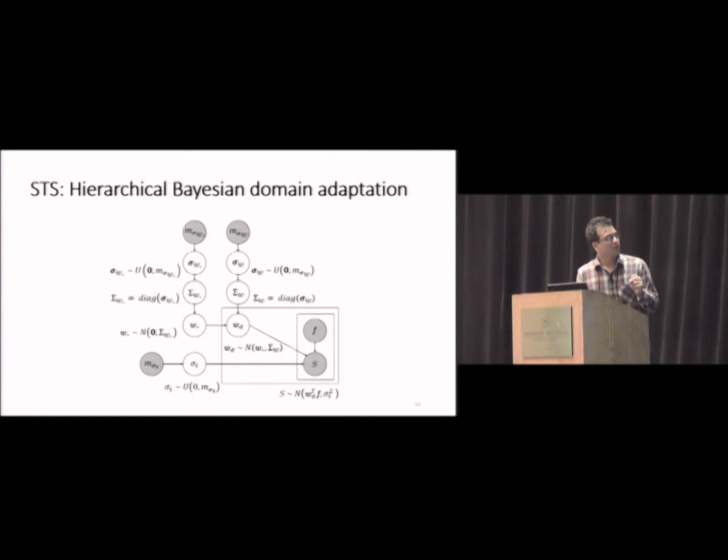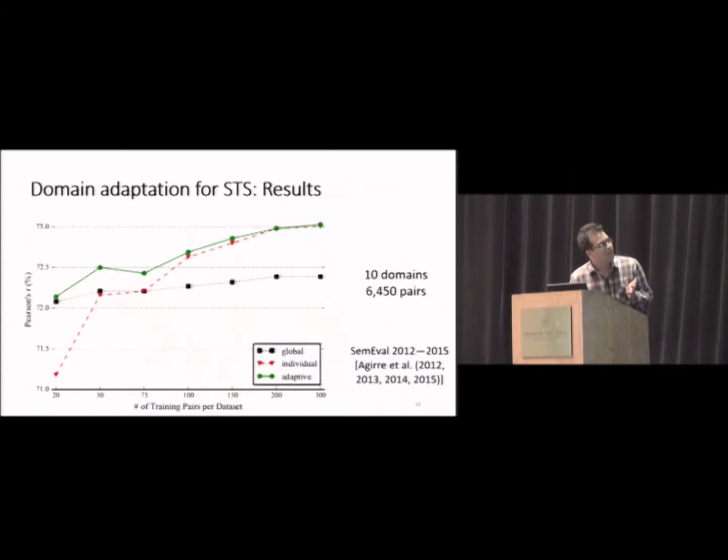Okay, so this is not a new model. Very similar models have been applied to tasks such as named entity recognition or dependency parsing before. We wanted to see how well this works on semantic similarity, and here are the results. I'm showing three results from three different models here.